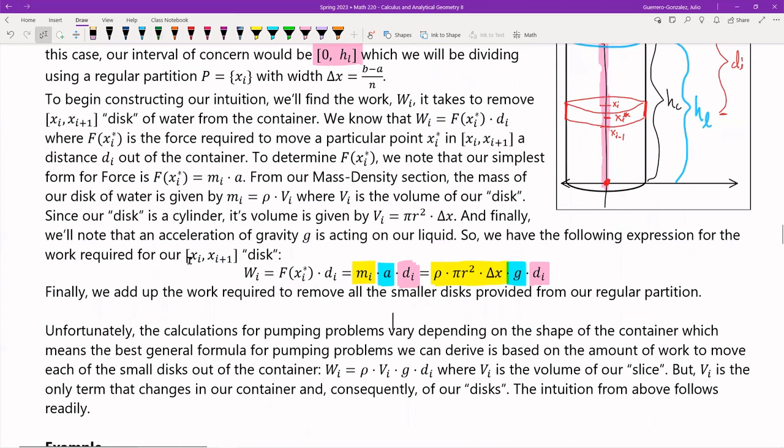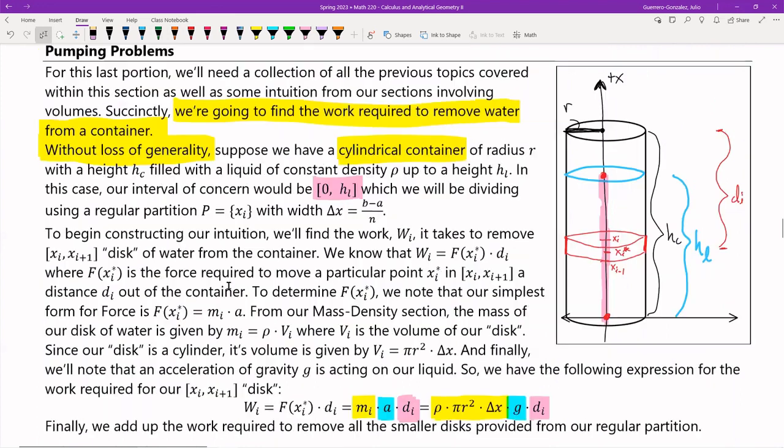Unfortunately, the calculations for the pumping problems always vary depending on the shape of your container. In this case, the shape of the container that I was using for the explanation is the cylinder. It doesn't have to be a cylinder. It can be a cone, it can be a sphere, it can be a cylinder with two semispheres on each end.